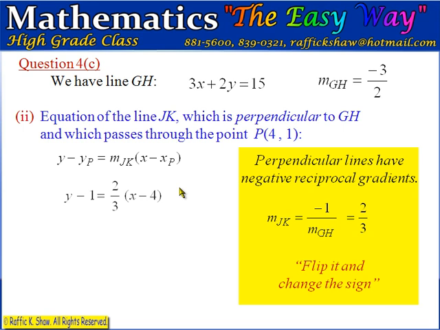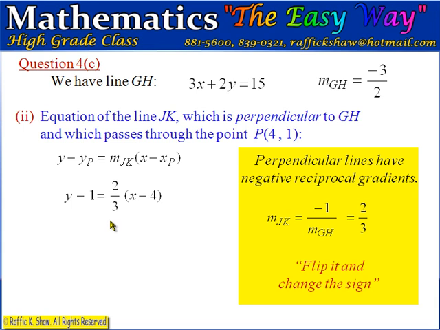And from that we will extract the equation of the line, and this is it. Y minus YP, which is 1, equals the gradient of JK, which is 2/3, which I have calculated from here, multiplied by X minus XP. XP we said is 4 because the X coordinate of the point that we know is 4.